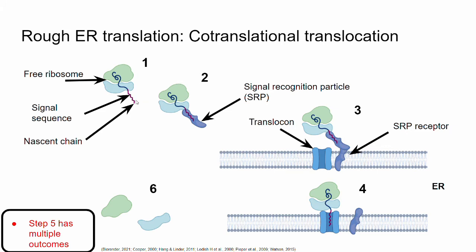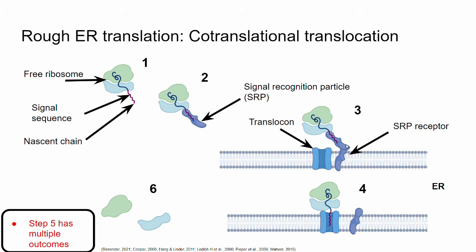Once the signal is produced, another protein called signal recognition particle, SRP, will attach itself to the signal and pull the entire complex, the protein, mRNA, ribosome complex, to the endoplasmic reticulum. Okay, that's why it's cotranslational translocation.